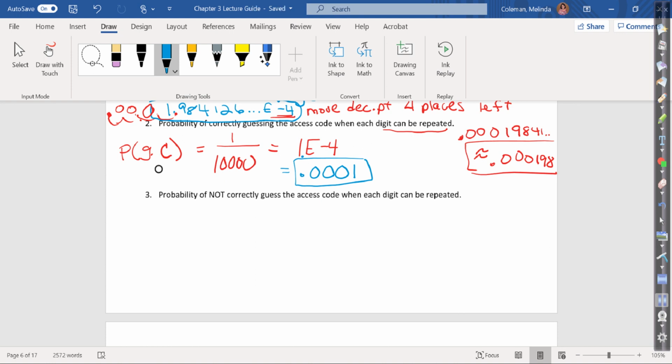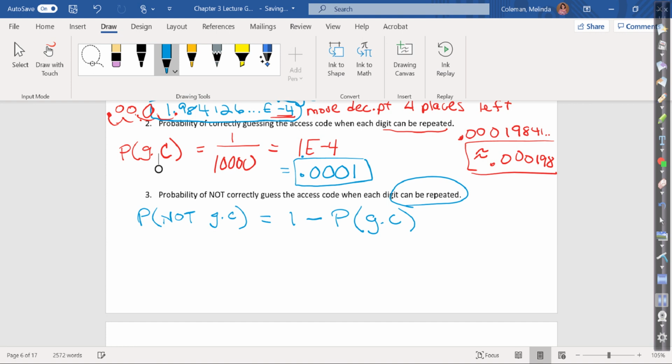So the probability then of not correctly guessing when each digit can be repeated. Now, what's the probability? Well, that would be 1 minus the probability that you did guess correctly.